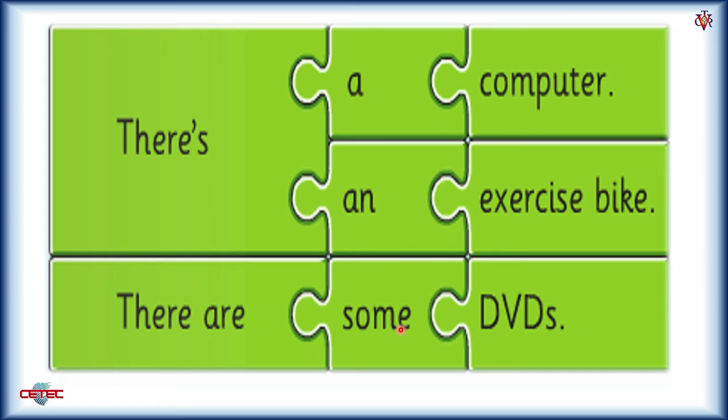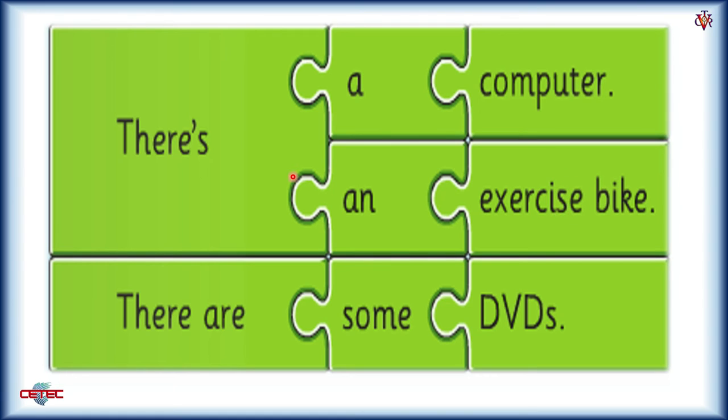In all the sentences, they're going to use something to check if it is singular or plural. For example, is, singular, a, singular, an, singular, computer, singular, exercise bike, singular.